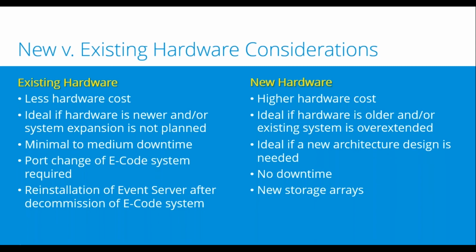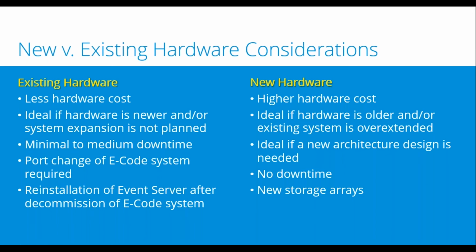There are pros and cons of each, but you can use the existing hardware simply by changing the port of the E-code system. Typically, this is changed from port 80 to 81, and then you install C-code on the same system. And again, just a mention of the event server having to be reinstalled if you are doing this all in one box.